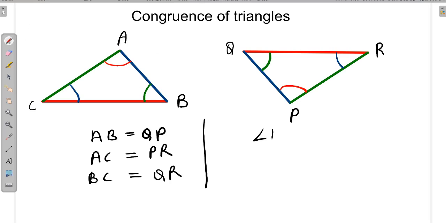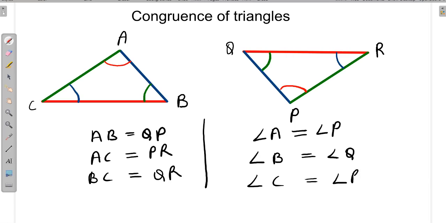Angle A corresponds to angle P, and these two are equal because the two figures are congruent to each other. Similarly, angle B corresponds to angle Q, and angle C corresponds to angle R. You can easily see the same color; here I am using the same color for corresponding. So in congruency, the corresponding is very important. We have to check the corresponding sides as well as the corresponding angles.